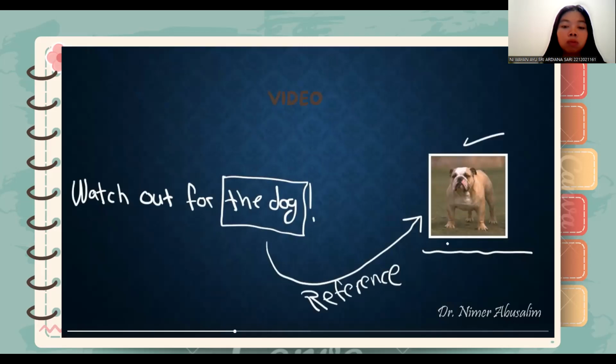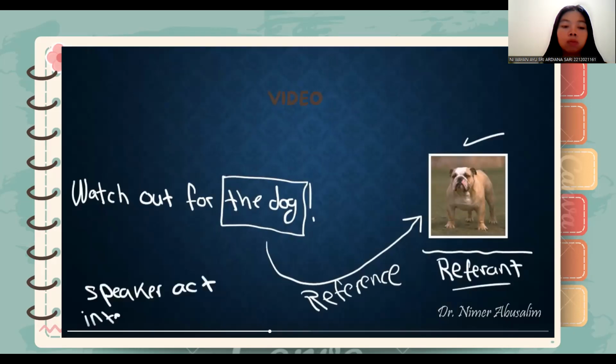And so the dog is the object of this reference, which we call the referent. Okay, so then reference is a speaker act. It shows the intention of the speaker. What we mean by this is that when the speaker yelled out, "Watch out for the dog," the speaker used the phrase "the dog" to refer to that dog in front of him or her.